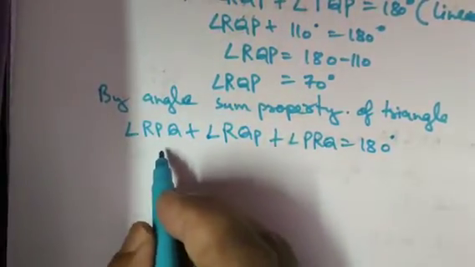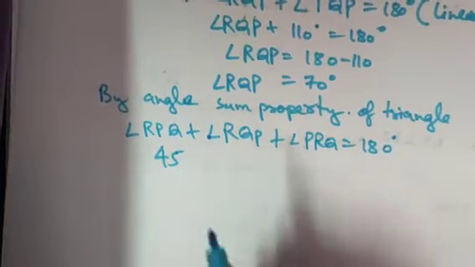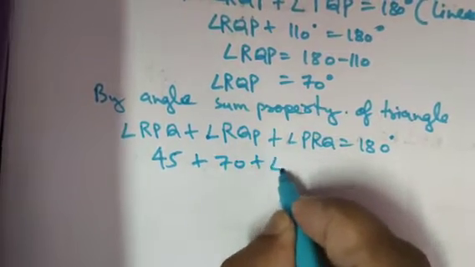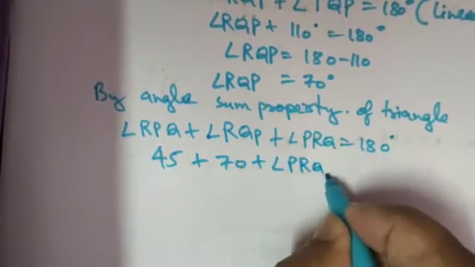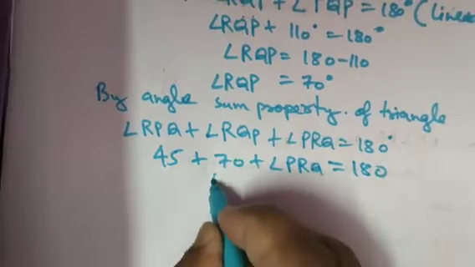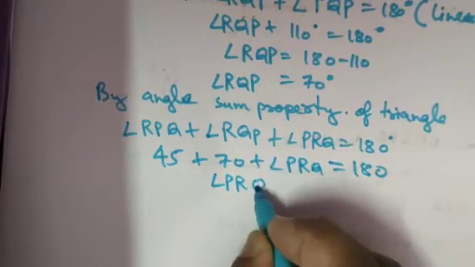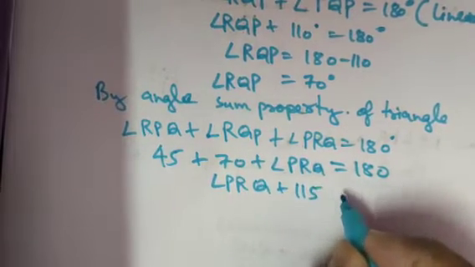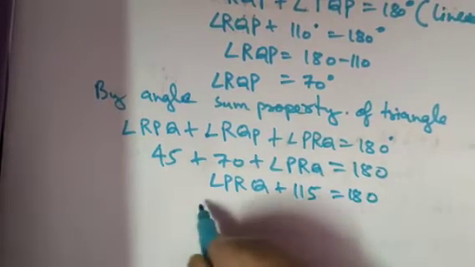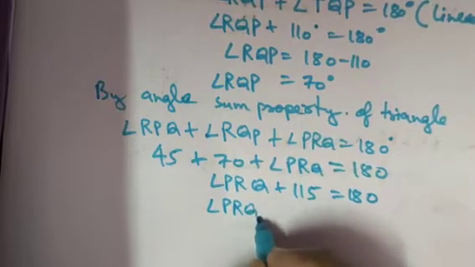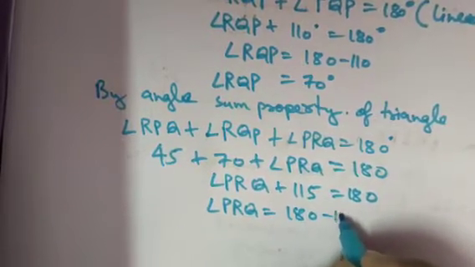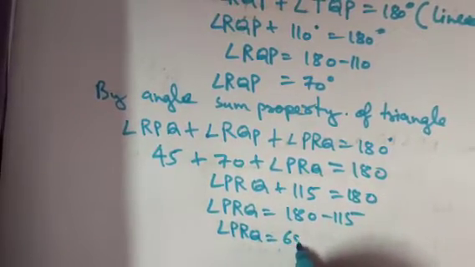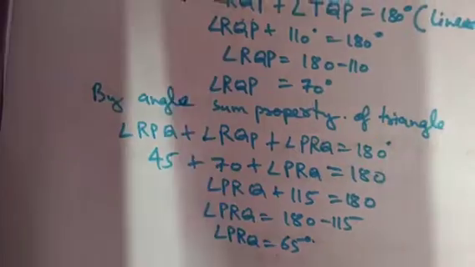RPQ we have just now calculated as 45 degrees and RQP 70, plus angle PRQ that we have to calculate equals 180. So angle PRQ plus 115 equals 180. So angle PRQ equals 180 minus 115, angle PRQ equals 65 degrees. This will be the answer.